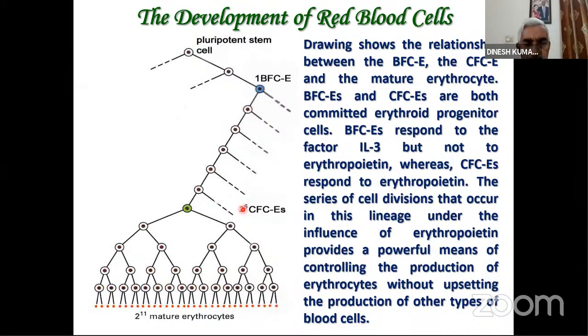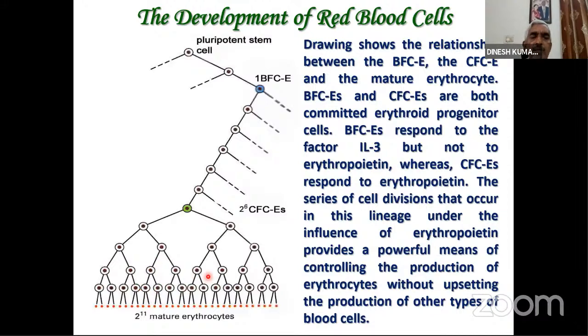They form colony forming cells and erythrocytes, and they are stimulated by erythropoietin, and by several divisions, from a single pluripotent cell 2 to the power 11 mature erythrocytes are formed.